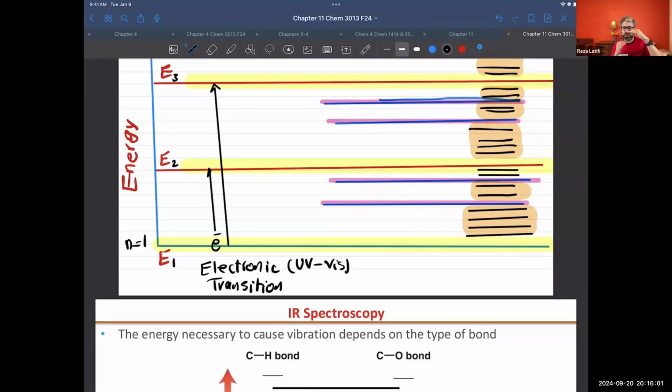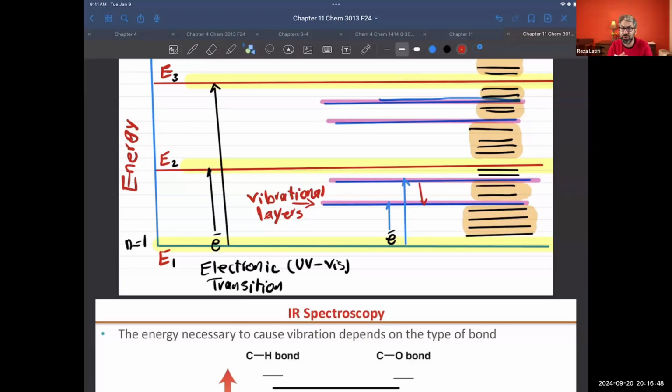Between two layers of levels of energy, you have a bunch of vibrational layers. So, for example, I'm taking one electron that used to be here, and I'm sending that electron to this layer, and of course the electron can also relax from that layer to the second one.